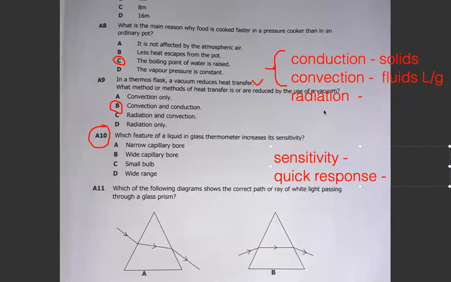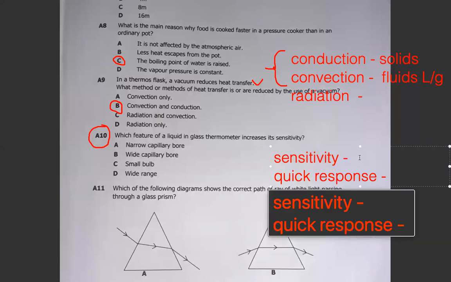So being sensitive, being good at being able to detect, this can only happen when the bulb of a thermometer is made with a thin wall. The bulb of a thermometer made of a thin wall, as well as having a narrow capillary.